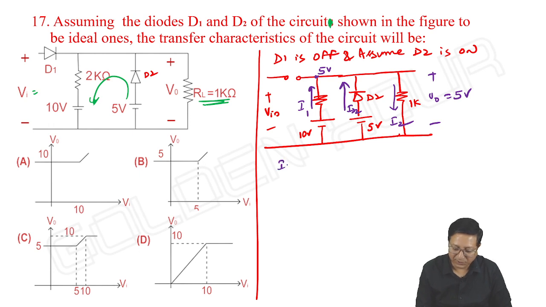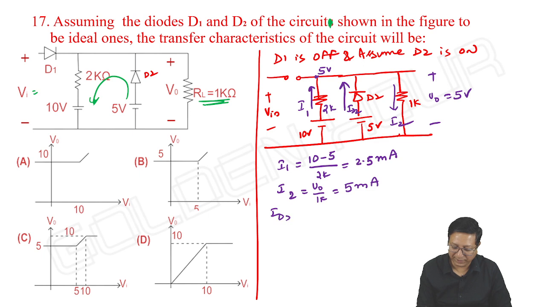So what about I1? It is (10 minus 5) by 2K, 2.5 milliampere. And I2 is V output by 1K, 5 milliampere. Absolutely. What about ID2? It is I2 minus I1, 2.5 milliampere.